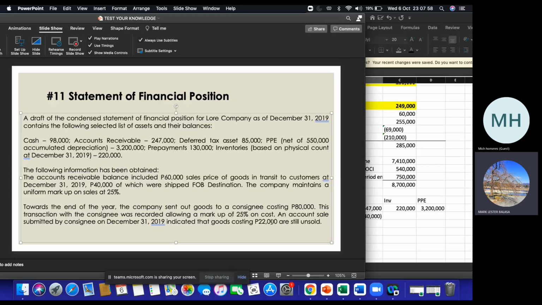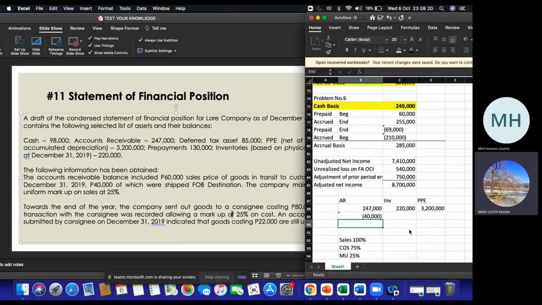Meron doon na hindi naman pala nabenta na 22,000. Gets mo? So therefore, ang cost ng goods na yun 22,000, di ba nagma-mark up tayo ng 25%. So tanggalin natin yun sa AR natin. Nakuha mo yun? So 22,000 times 1.25. Kuha. So therefore, tatanggalin mo yung 27.5. Gets?